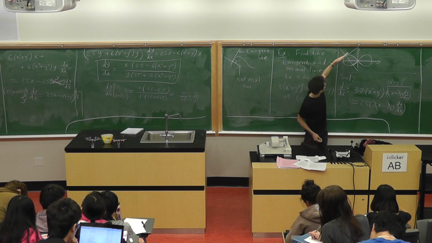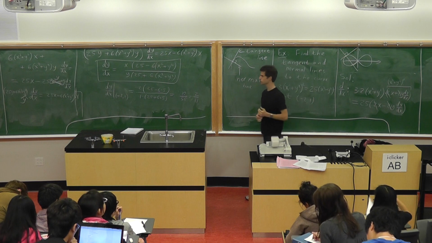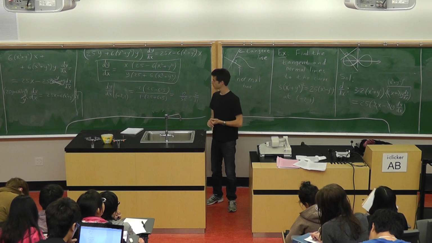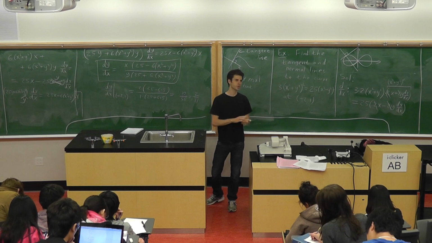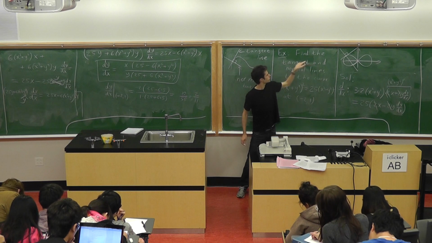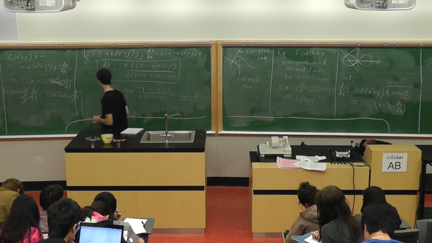So probably it's a little bit less steep than this in this picture. But anyway, we found this slope. That's not quite what we were asked. We wanted to find the actual tangent line.